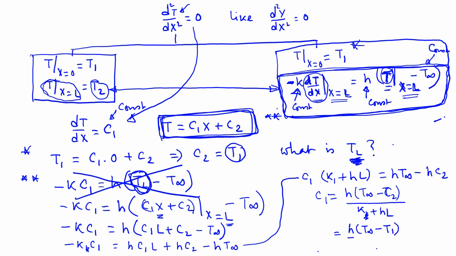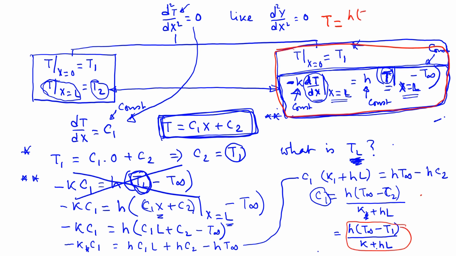And so C1 is known, C2 is known, so we plug in the solution. My solution for this set of boundary conditions is T equal to C1 x plus C2, where C1 is h times T infinity minus T1 over k plus h L, times x, plus T1.